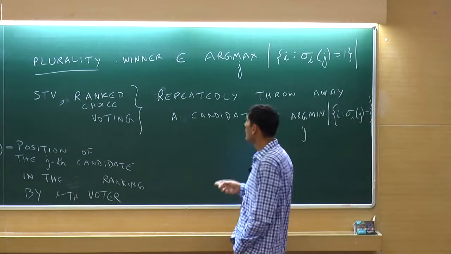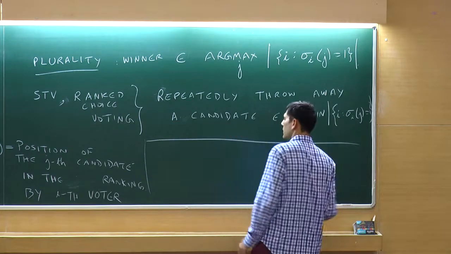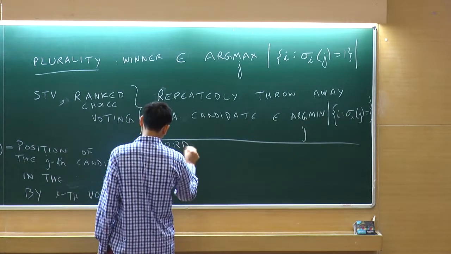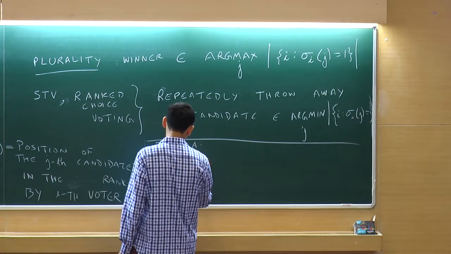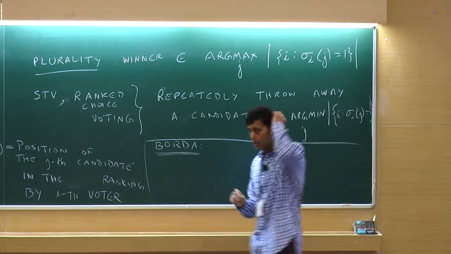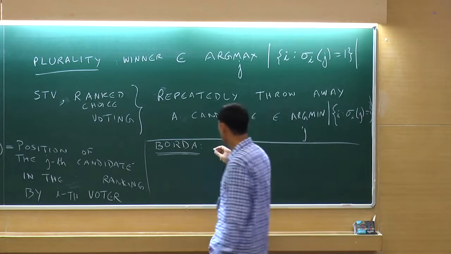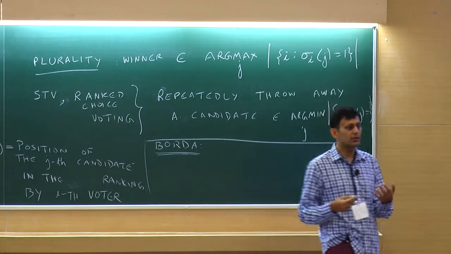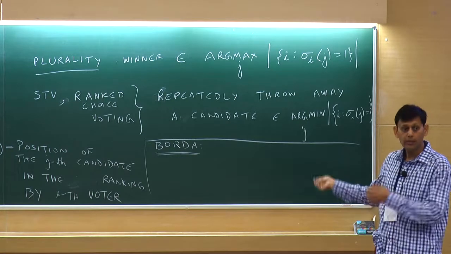Then a third one, which is commonly used, is Borda. I'm going to define Borda in two ways: one because it's easier to understand, the other because it's going to lead to what I'm going to talk about next.